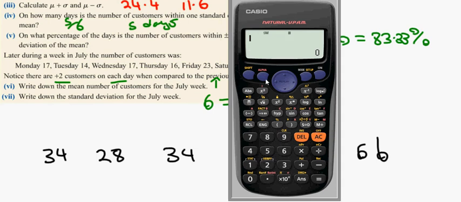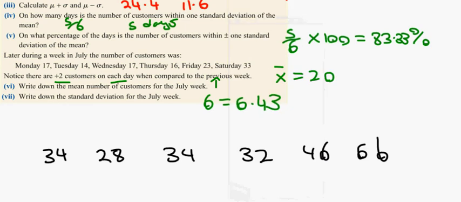Shift, stat, variable. We go for the mean first. The mean is 40. By doubling every number, I double the mean. Let's check the standard deviation. I've actually doubled the standard deviation to 12.86.